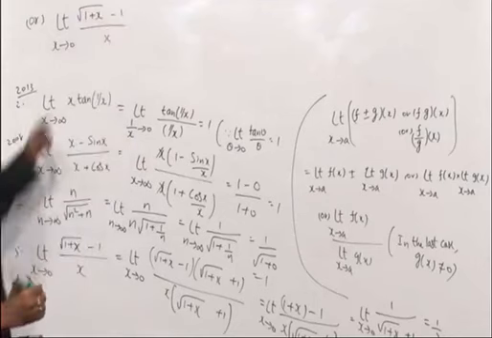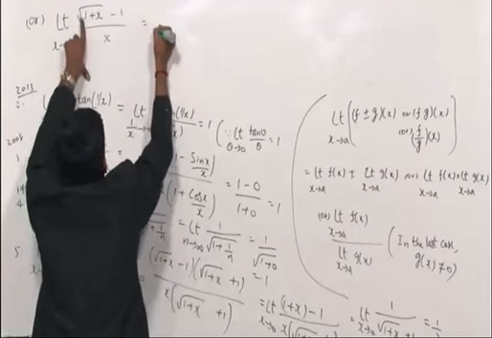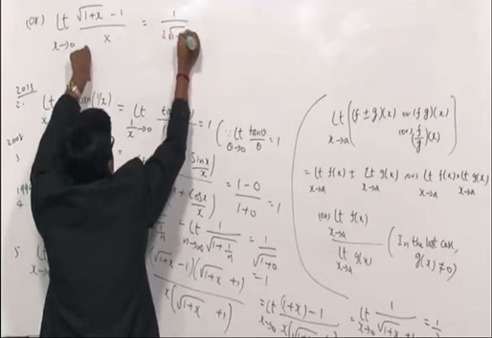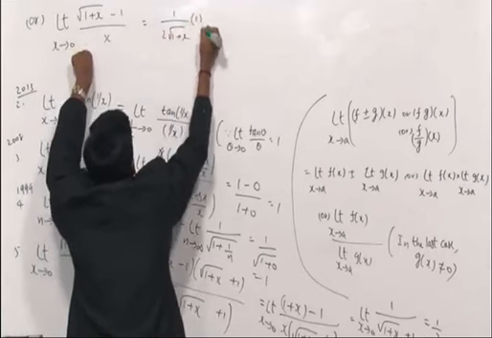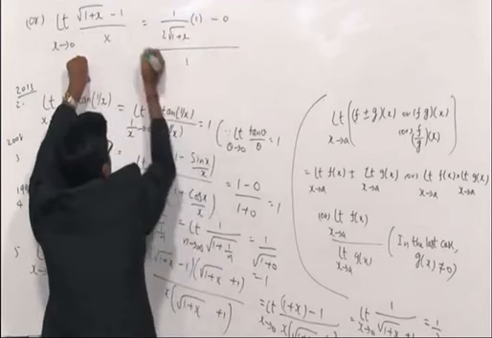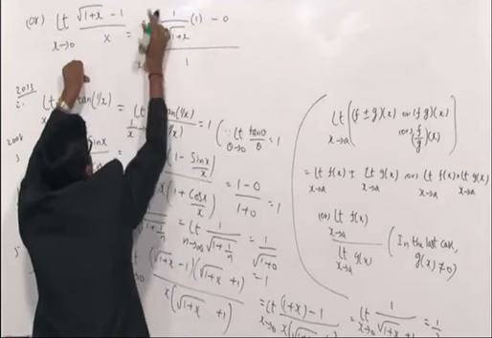This I already told you is 0 by 0 form, using L'Hospital rule. Root over 1 plus x derivative is 1 by 2 root 1 plus x multiplied by 1 plus x derivative is 1, minus constant derivative alone 0, x derivative with respect to x is 1, and then limit x tends to 0. That means here just put x equal to 0.